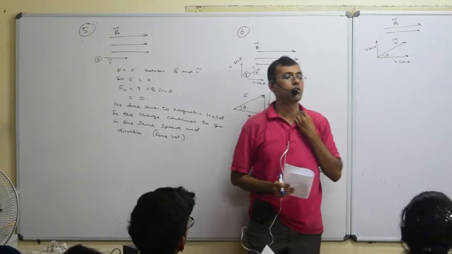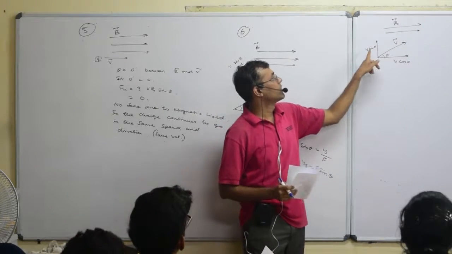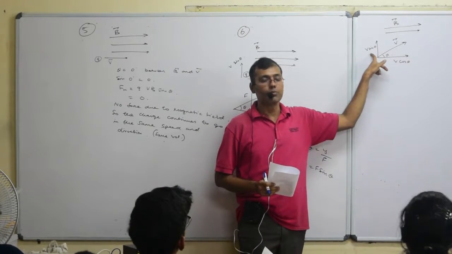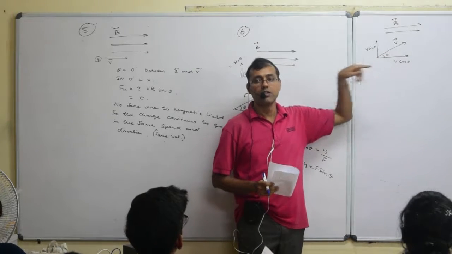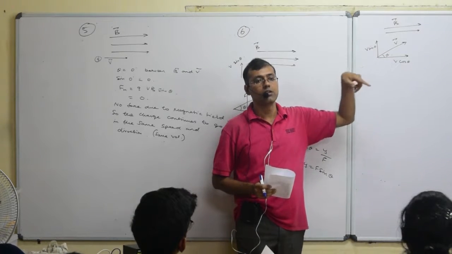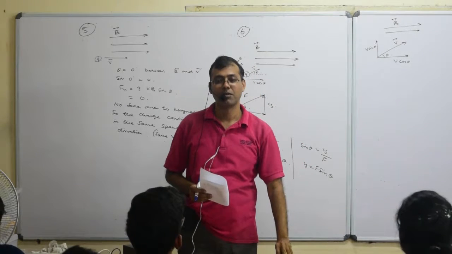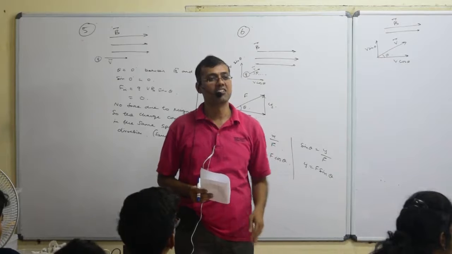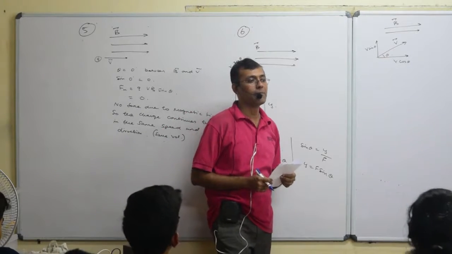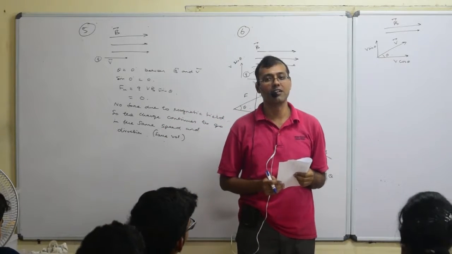It will take a circular path. So due to this, it's going to take a circular path. Due to this, it's going to take a straight path. What do you think that shape is? Parabola. And anything else? Helical? Why helical?